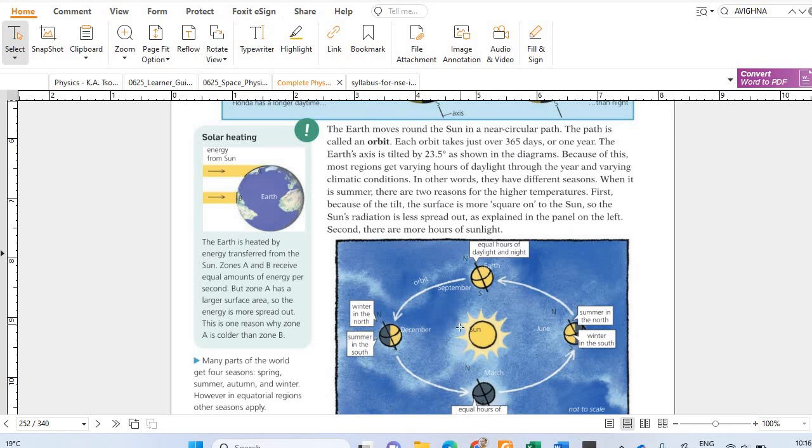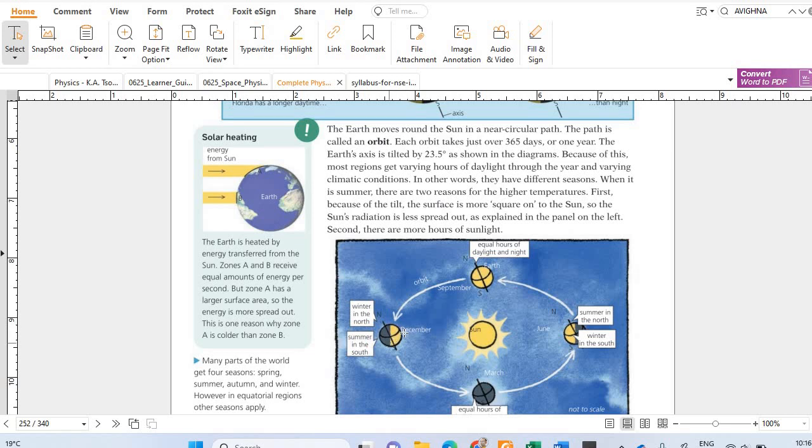So we know that Earth revolves around the sun, as shown by the arrow. If the northern hemisphere has summer right now, after summer you will have autumn. So here the northern hemisphere will have autumn, and then it will have winter.